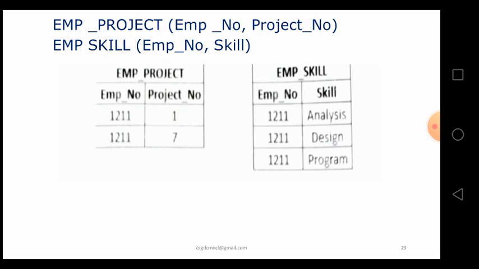In the student relation, student ID 21 contains two courses, that is computer and math, and two hobbies, that is dancing and singing. So there is a multi-valued dependency on student ID, which leads to unnecessary repetition of data.